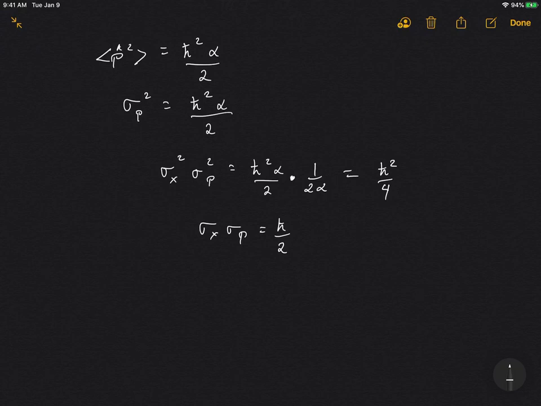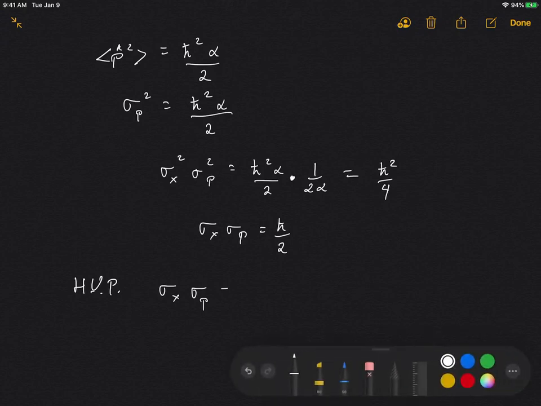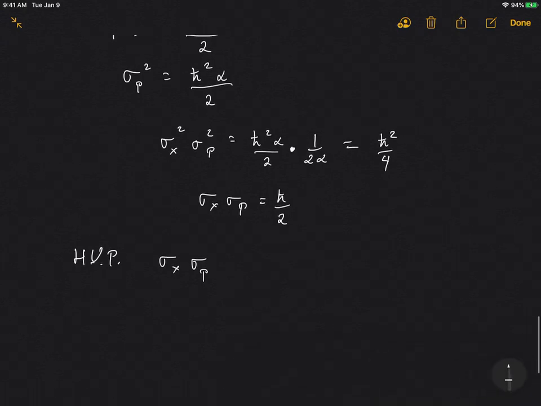The Heisenberg uncertainty principle says the product of the uncertainty in x, in terms of sigma, and the uncertainty in momentum, given by its sigma, is greater than or equal to h bar over 2.